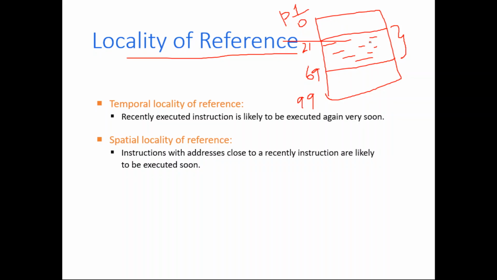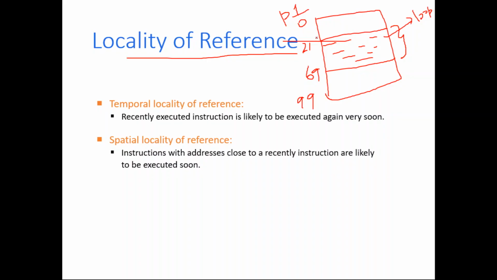You may ask why the program is spending more time here. The reason may be that there is a loop here. Or there may be an if condition, and you may be asking the user to again and again execute this statement.